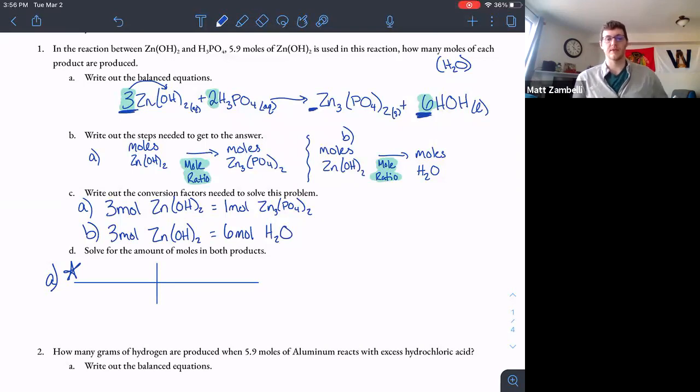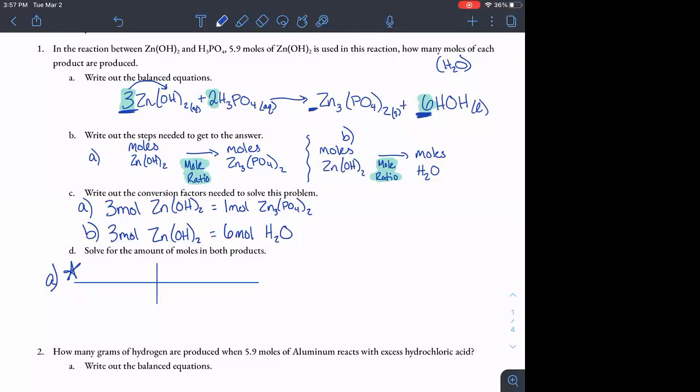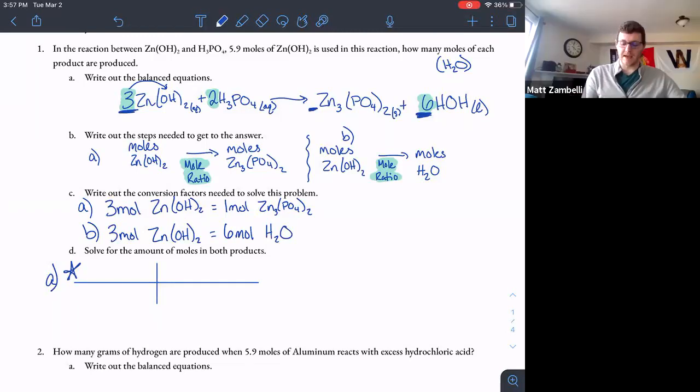Starts with a G. Our givens. Our given, perfect. We're always putting the given up here, no matter what. Doesn't matter what kind of problem we're solving, if it's stoichiometry, if it's just random conversions with metric system, anything. Our given always goes up here. And what is our given for this specific problem? What are we starting with?